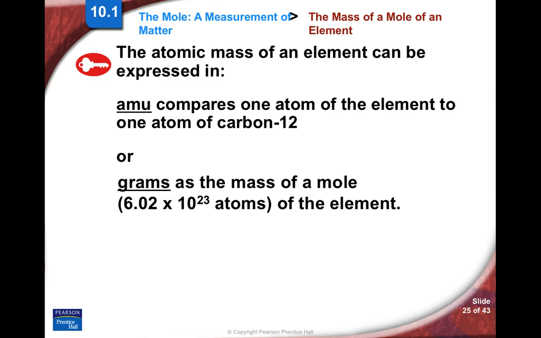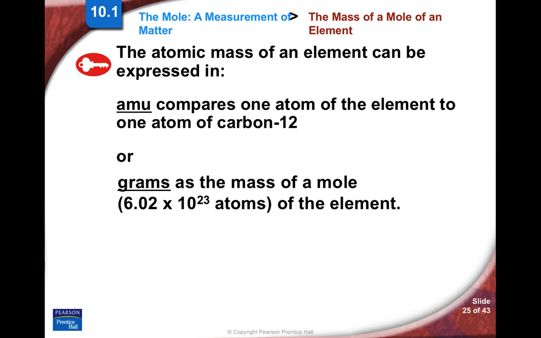And it turns out, since there are 12 atomic mass units in carbon-12, and carbon-12 weighs 12 grams per mole, one atomic mass unit for an atom correlates to 1 gram of a mole's worth of those atoms.